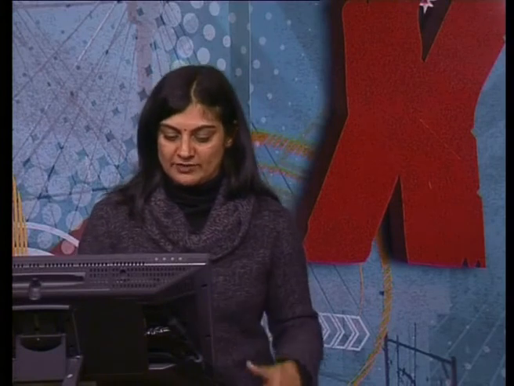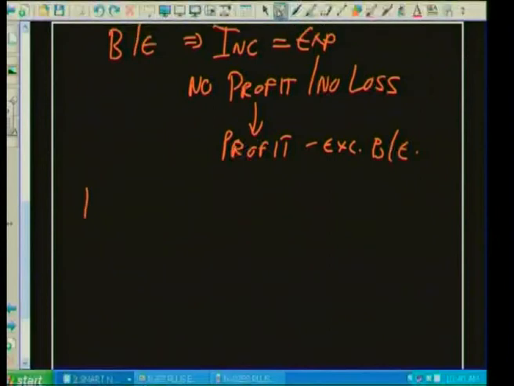Anything above break-even means that the business is obviously making a profit. So should Fatima be concerned? The answer is no, guys. She shouldn't be concerned because she's obviously manufacturing more than break-even point. Hence, she will be making a profit. So your answer in this question should be no, she should not be concerned.